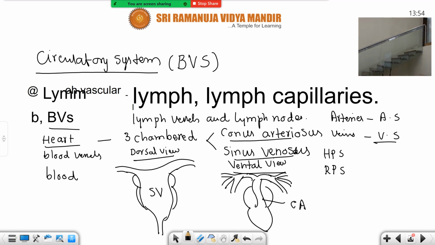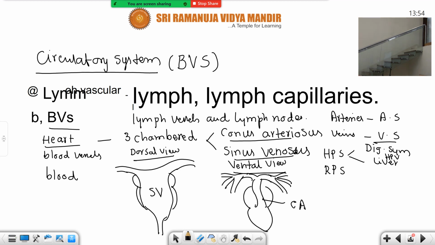In the hepatic portal system, the capillaries start at the digestive system and end in the liver. Via what blood vessel? Hepatic portal vein. Digestive system, arrow, capillaries, arrow, hepatic portal vein, arrow, capillaries, arrow, liver. That is the path of the hepatic portal system.